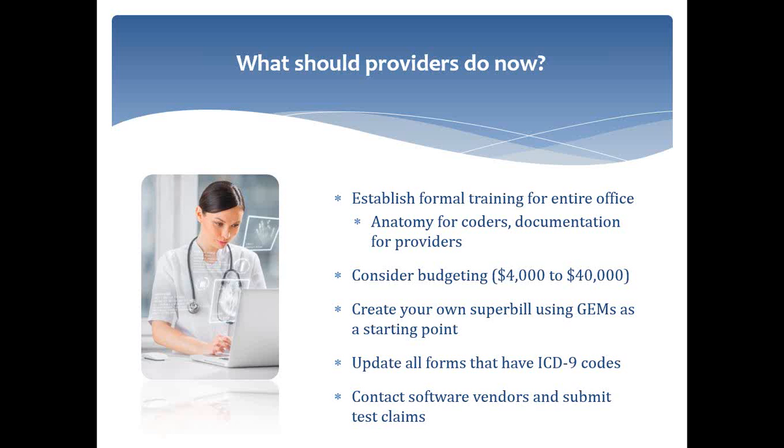Because if I'm using a 7-character code with letters in it, how do I know your software is going to be okay with that and not deny my claim just simply because of processing issues? And so you'll want to speak to them and reach out to these vendors and make sure that you ask them the right questions and make sure that they are ready to go. That's your external testing that I mentioned earlier as we were talking about some of the steps that you should take within your clinics.